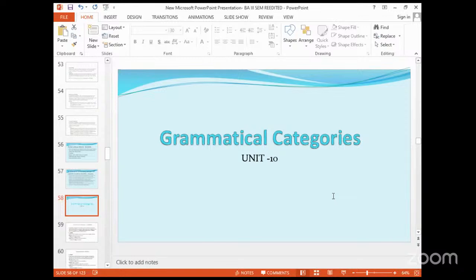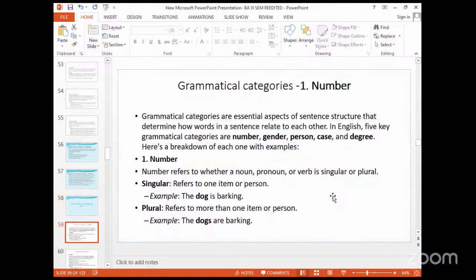Different kinds of grammatical concepts get expressed with the help of inflectional affixes and grammatical or functional words. Now, these grammatical categories include concepts like number, gender, person, case, degree, among all the others.